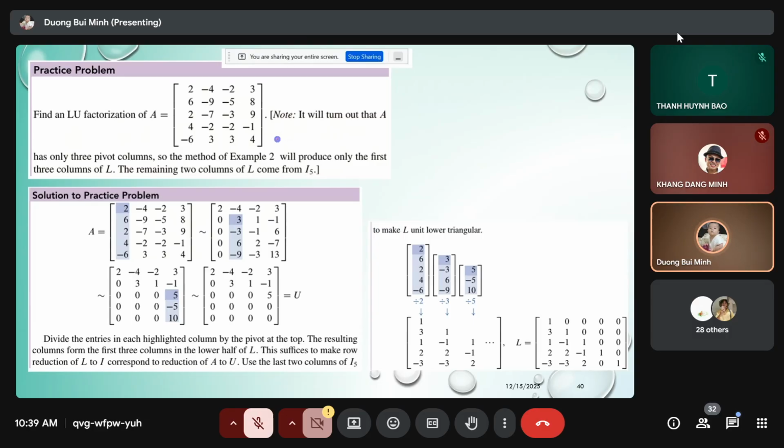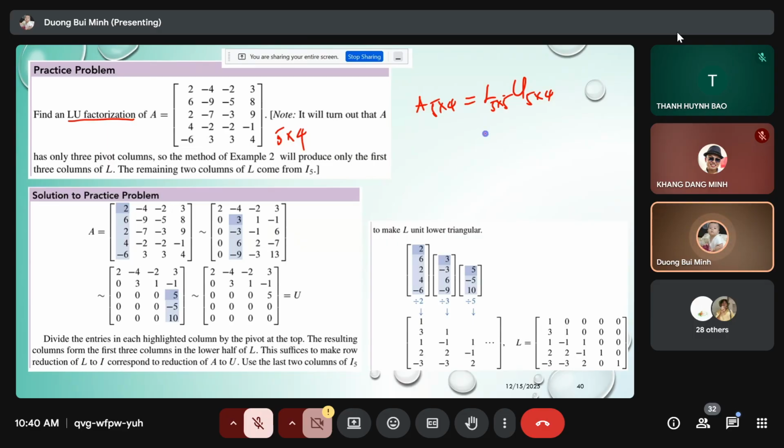Here we have the LU factorization of A. Now we have five rows and 4 columns. So if A is 5 by 4, L times U, then L must be 5 by 5 and U must be 5 by 4. This one is also a non-square matrix.